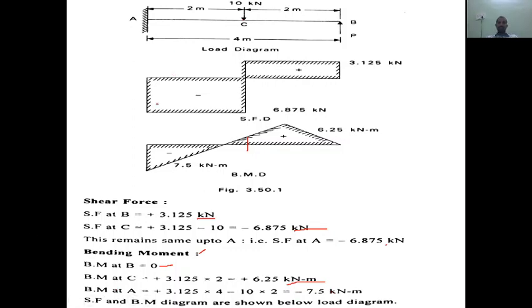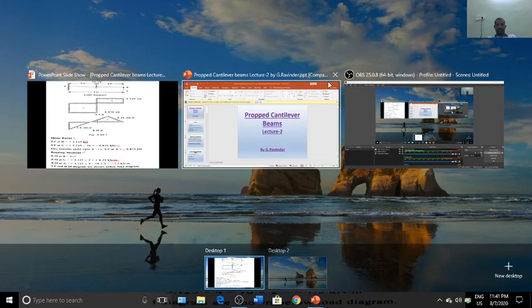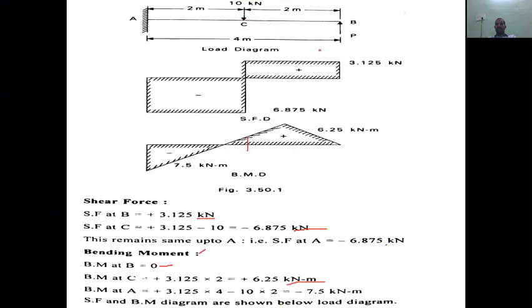The bending moment at A over here. Now the bending moment at fixed support A is equal to P multiplied by the distance up to A, which acts in a counterclockwise direction about A, and then 10 multiplied by 2, which acts in a clockwise direction about A. Therefore the difference is 3.125 multiplied by 4 minus 10 multiplied by 2.